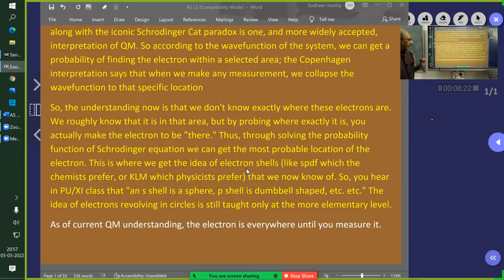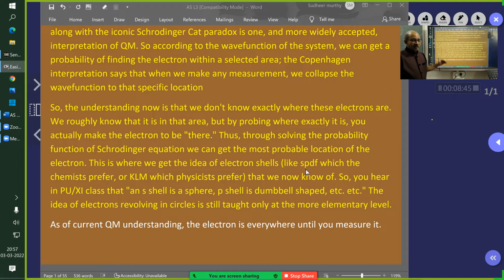This is where we get the idea of electron shells like SPDF, which the chemists prefer, and KLM, which the physicists prefer. I am bringing to the fore all these differences. In chemistry books, we say SPDF. I suppose all of you know that, right? What are SPDF?